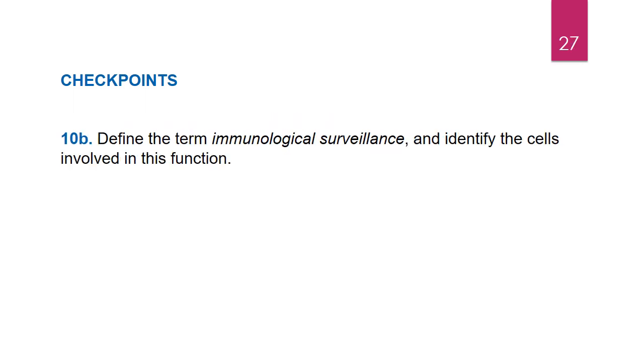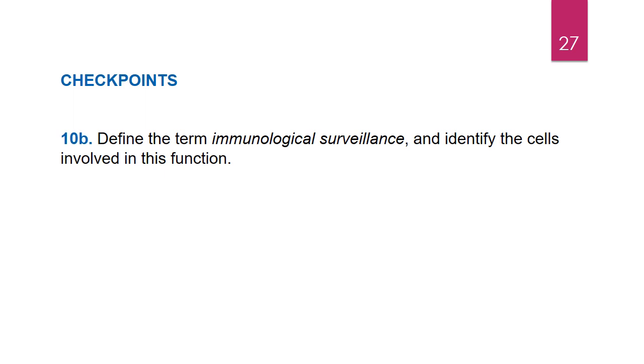Define the term immunological surveillance and identify the cells involved in this function. So immunological surveillance is keeping watch on the cancer cells. When cancer cells appear, they are recognized and removed by the immune system cells before causing cancer.